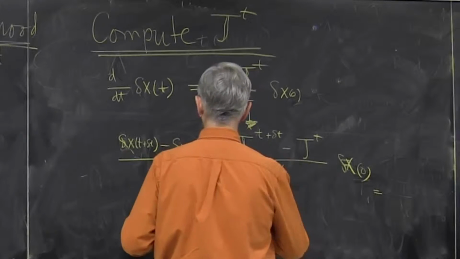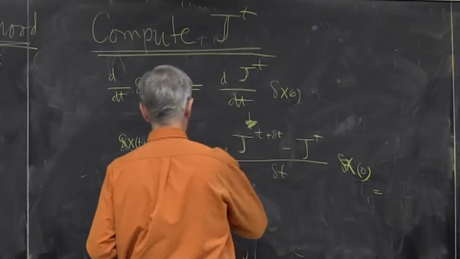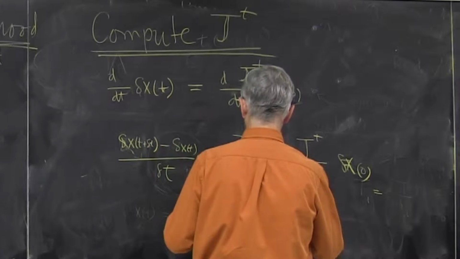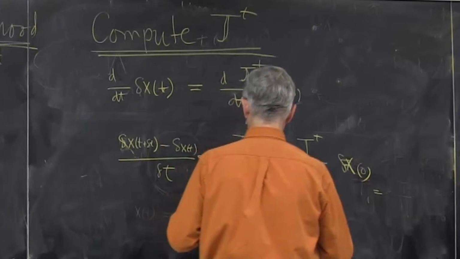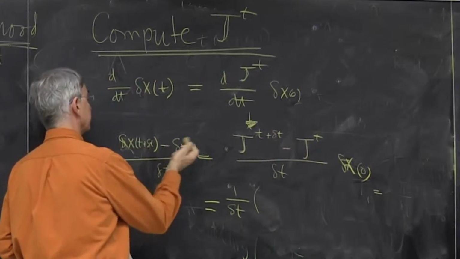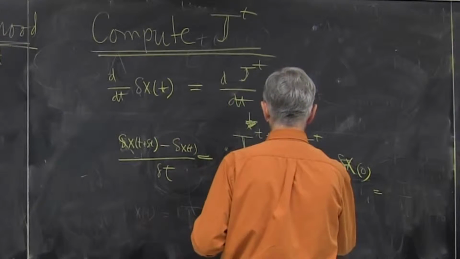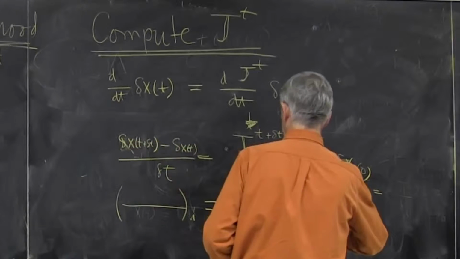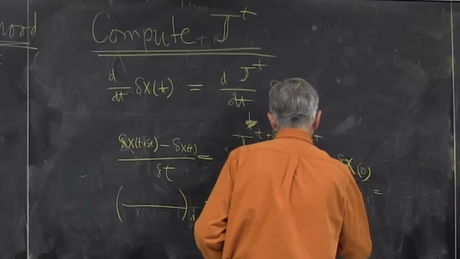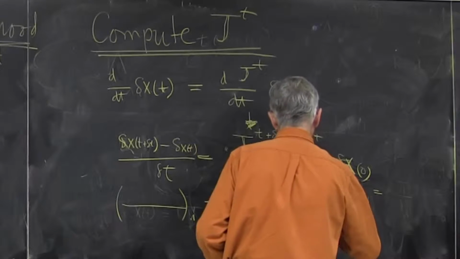So I can write this as 1 over delta t times, and when I expand the first term, we cancel, so that'll be a term proportional to delta t, so I'll find delta x, the ith component, times dx dt times delta t.